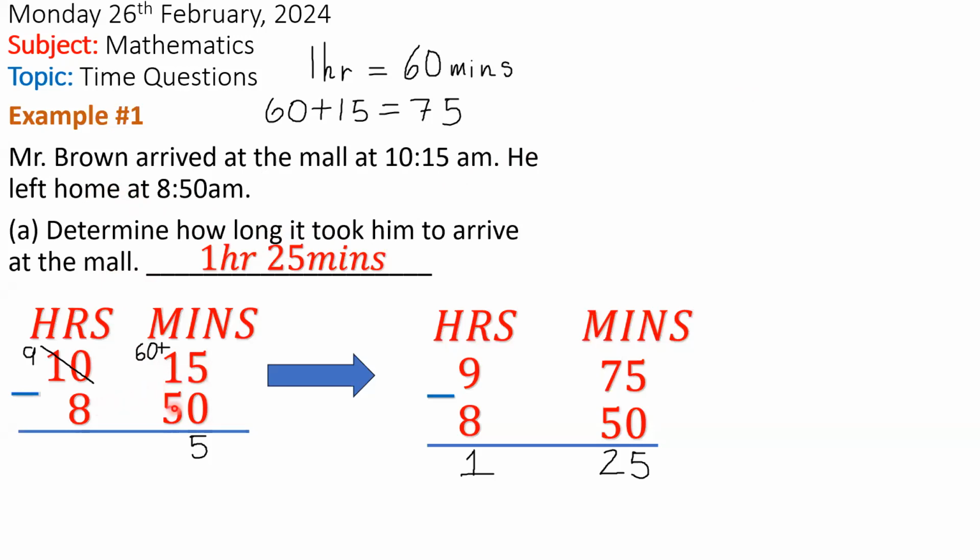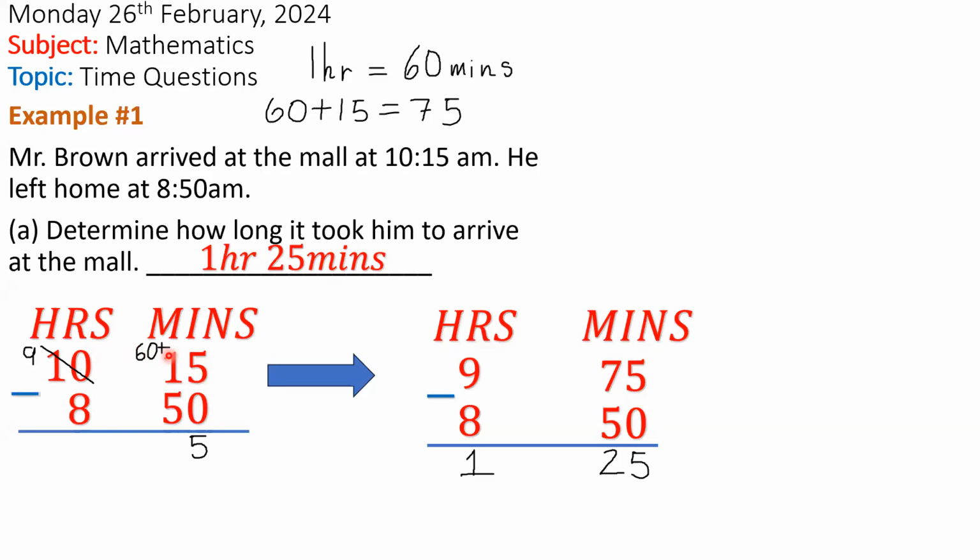So we do 5 minus 0, which is 5. And then 1 minus 5, you can't do that. So you borrow from the 10. You take 1 hour from the 10 and that leaves you with 9 hours. You add 1 hour equals 60 minutes. So you add the 60 minutes with 15, which gives you 75.